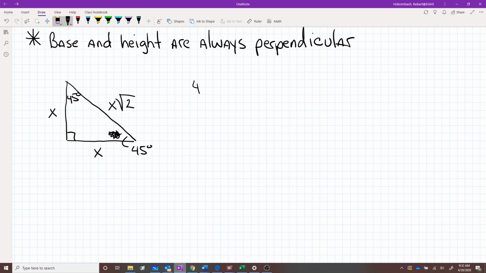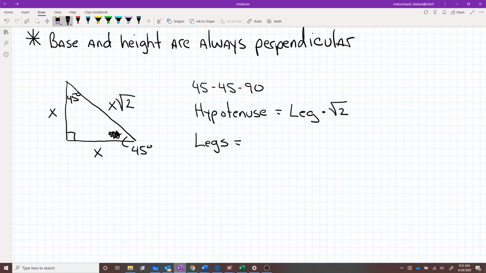So in a 45, 45, 90, the hypotenuse is equal to a leg times the square root of 2. And each leg is equal to the hypotenuse divided by the square root of 2.